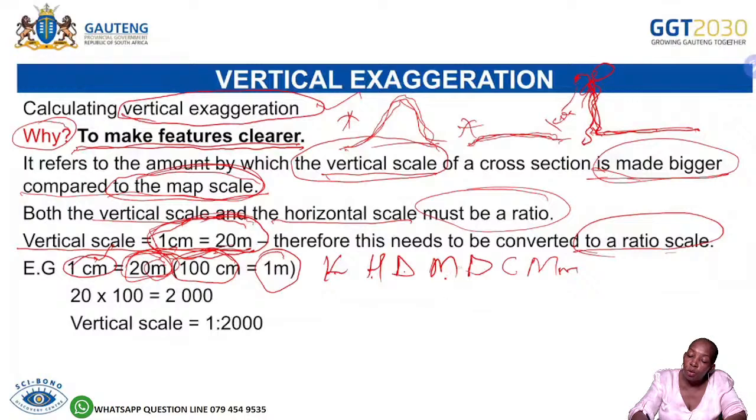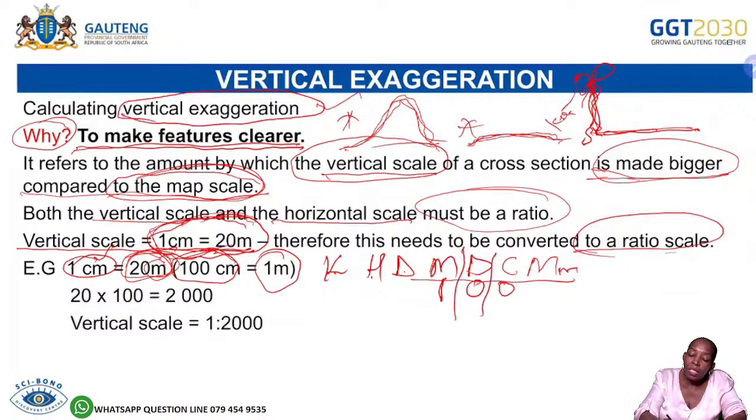This would be your meter. So we put a 1 here, and then what are we converting it to? We're converting it to centimeters. So this will give us 100 centimeters. So in a meter, we've got 100 centimeters.